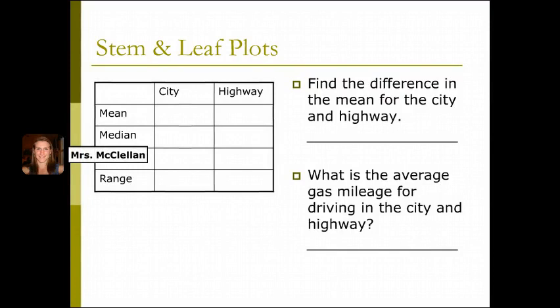Okay, so let's take a minute and just transfer the information from the previous slide onto our current slide. So the city, we had 26.4, 28, 23, 31, and 15.